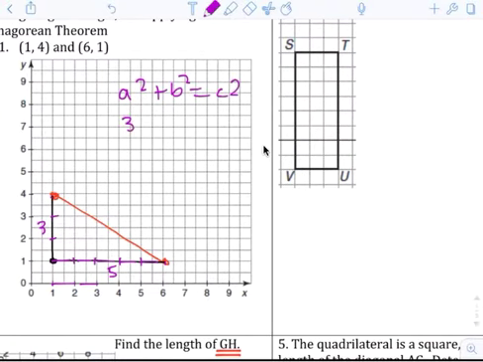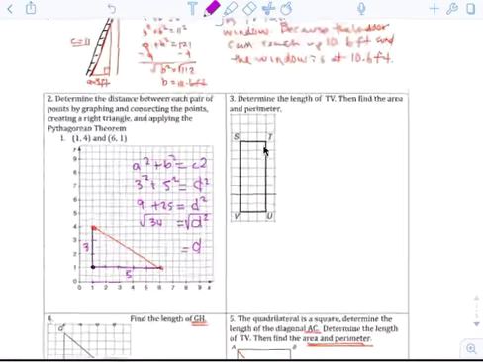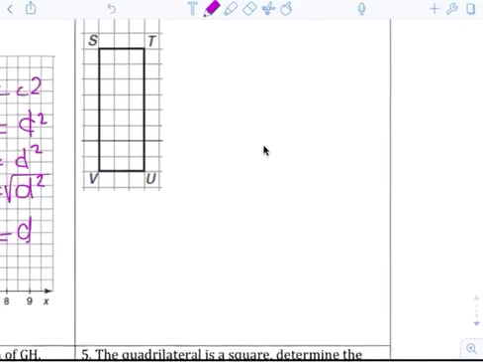A is 3 squared, b is 5 squared, c squared is unknown. It's the diagonal squared. 9 plus 25 equals d, diagonal squared. 34, find the square root of 34, and the square root of d squared is d, and you get the diagonal piece of that.